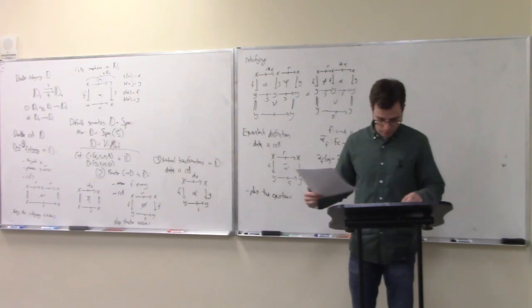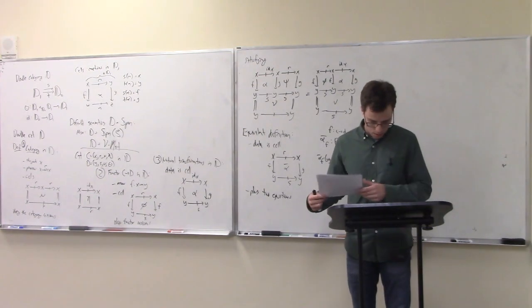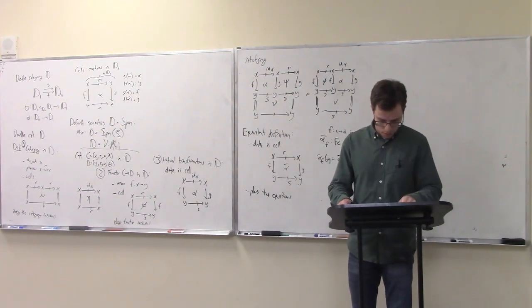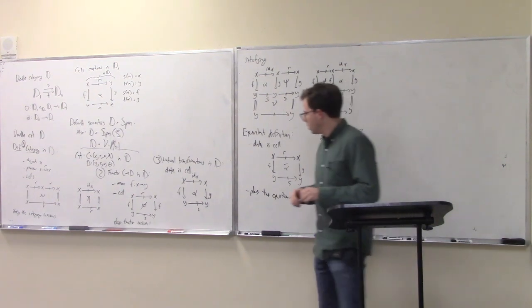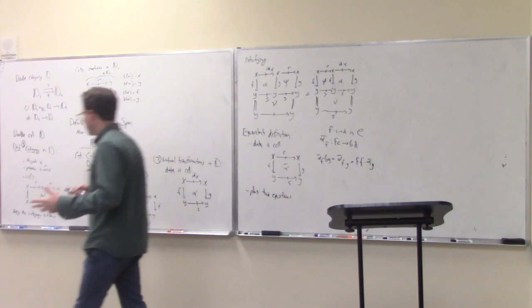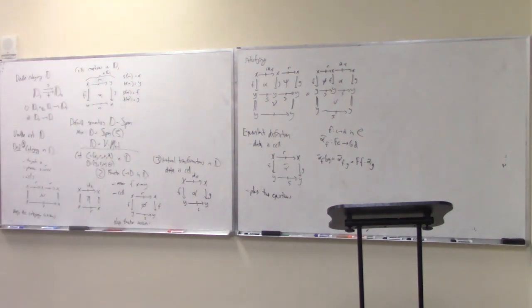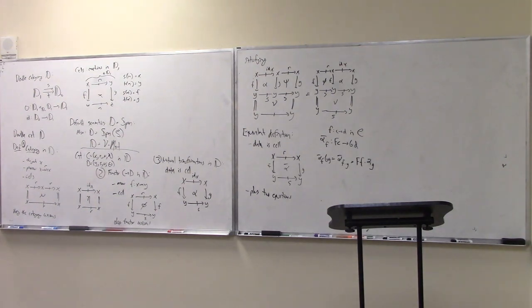Okay, where am I? So now I want to turn to, all of this is just supposed to create in your mind the impression that double categories are a natural place to interpret the basic notions of category theory.